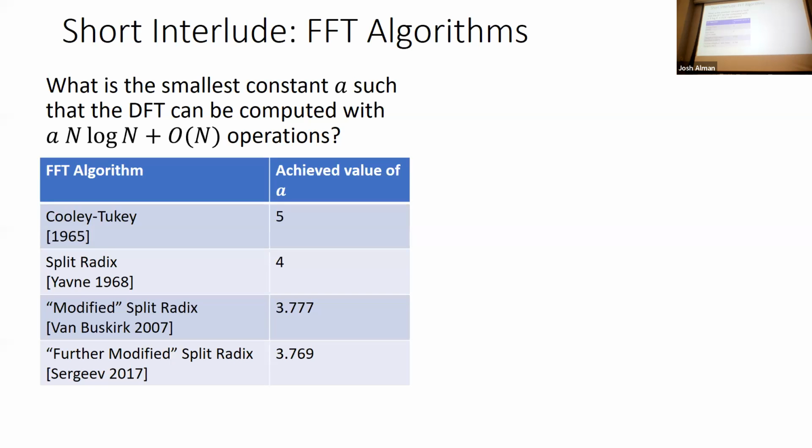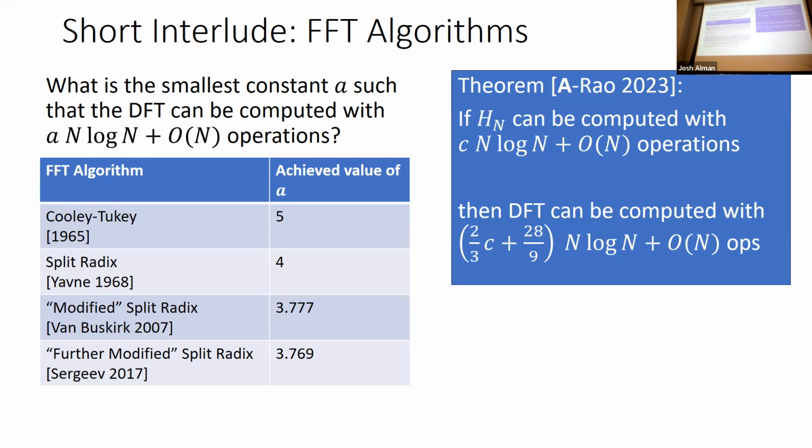Okay, so one thing Kevin Rao and I proved recently is a kind of reduction from the DFT to the Walsh-Hadamard transform. What we show is that if the Walsh-Hadamard transform can be computed with leading constant C, then the DFT can be computed with leading constant 2/3 C plus 28/9.